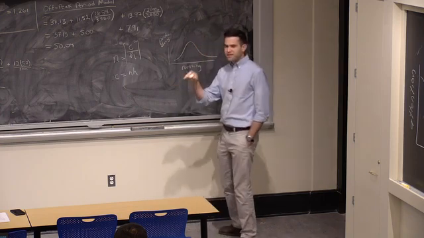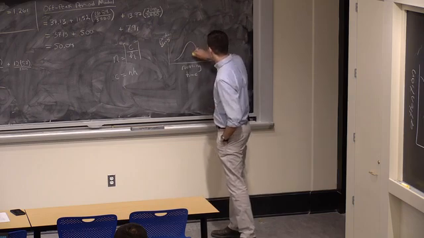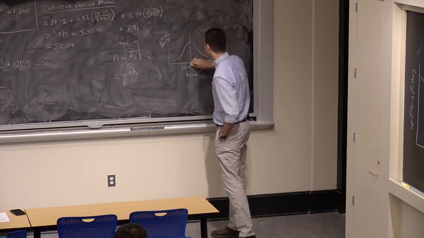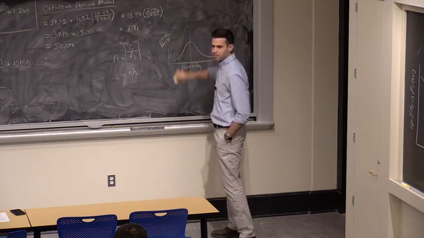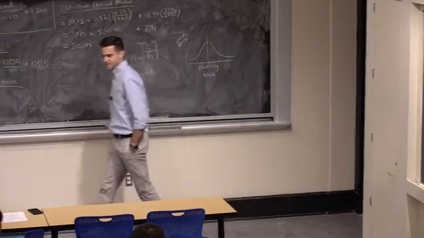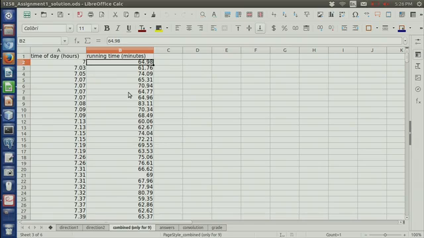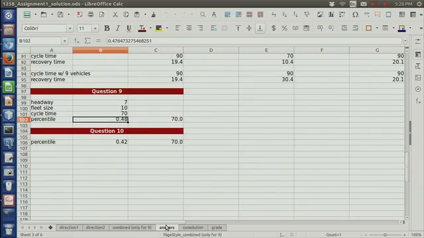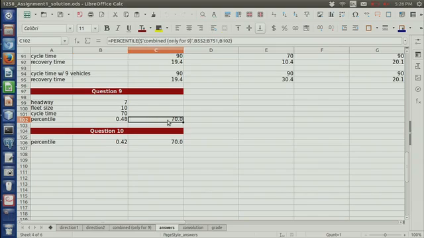And we said the cycle time is 70, so 70 will fall somewhere around here, it turns out, if you look it up. That's very close to 50%. The way I computed it, I used the spreadsheet's solver, GoalSeek, different names for it. So I said, calculate the percentile of whatever percentile I give you here.